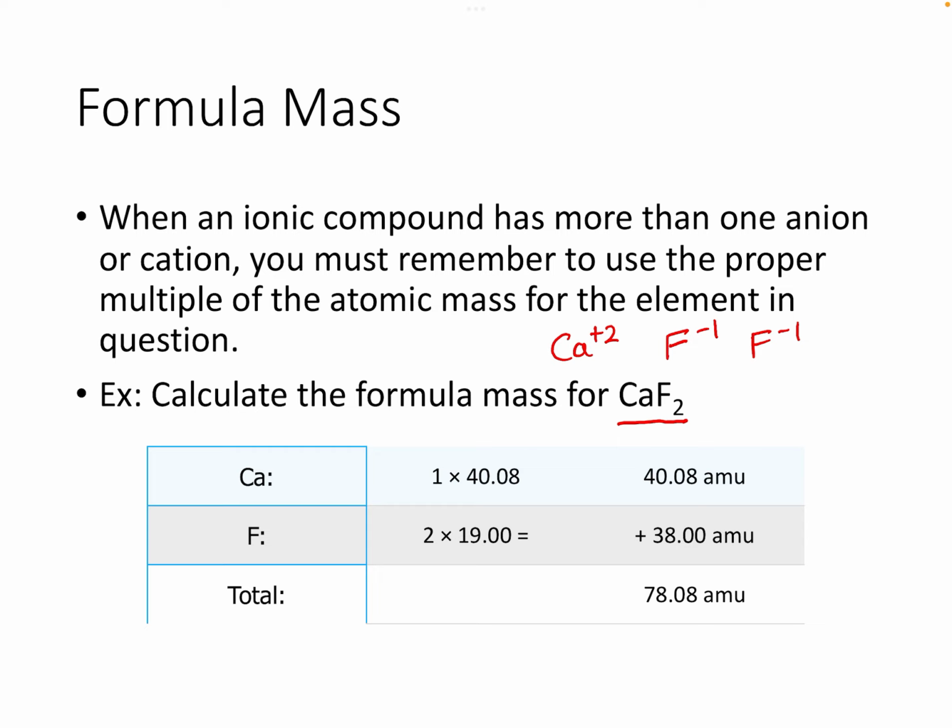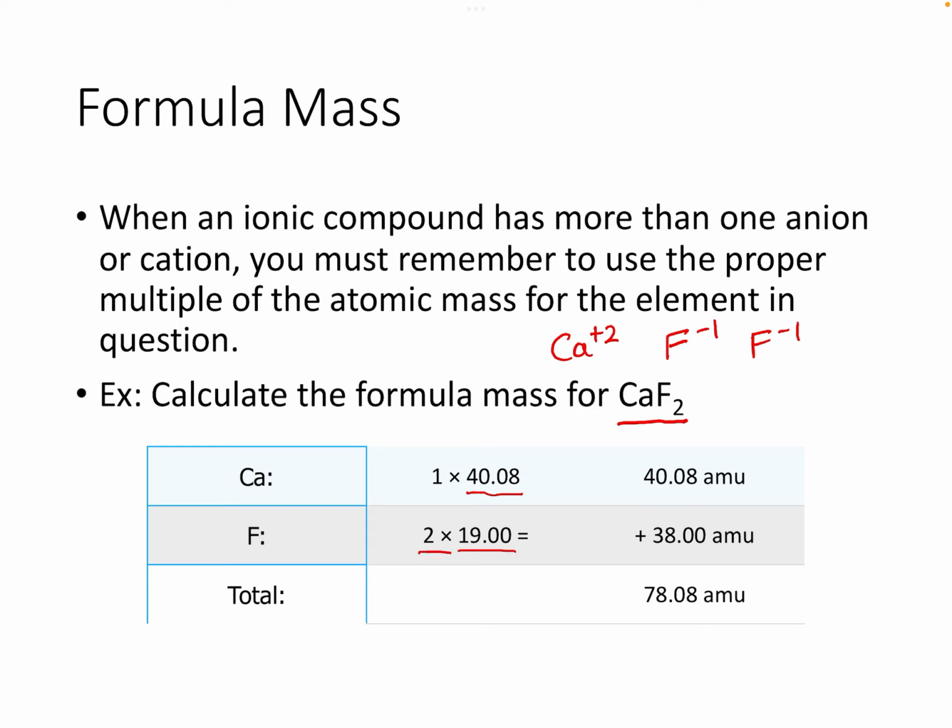Down below you can see that the mass of calcium on the periodic table is 40.08 atomic mass units. And the mass of fluorine on the periodic table is 19. But since we have 2 fluoride ions, we do need to multiply that mass by 2.